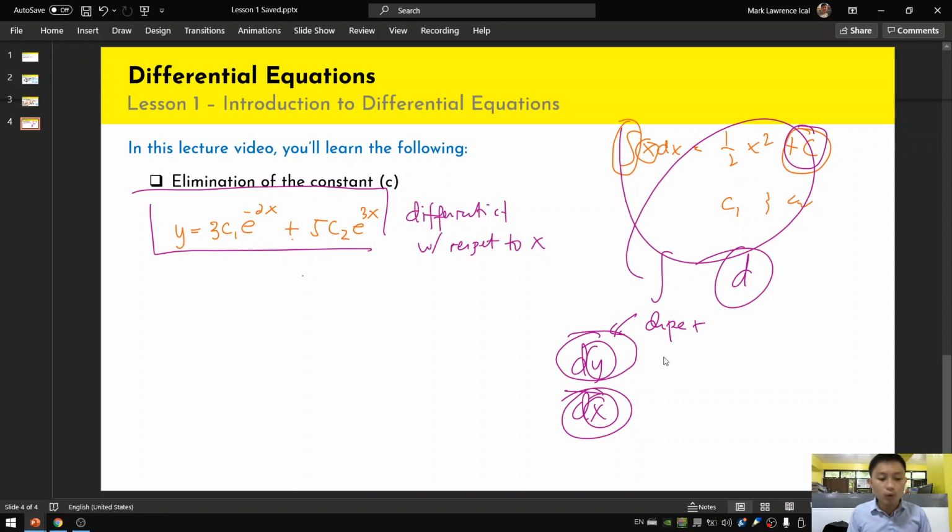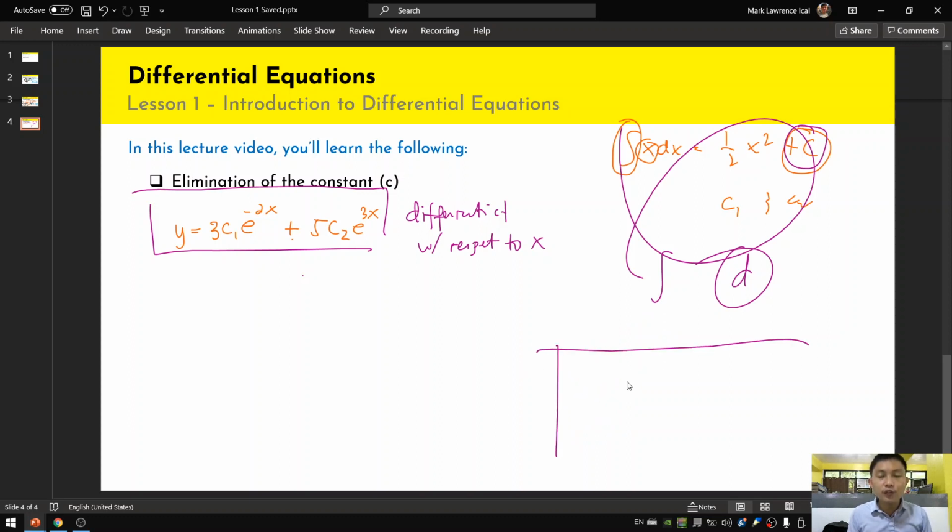So it means, for example, practice lang. If you're going to differentiate, let's say x squared y cubed, with respect to x, it means that y will be like a dummy or a constant.